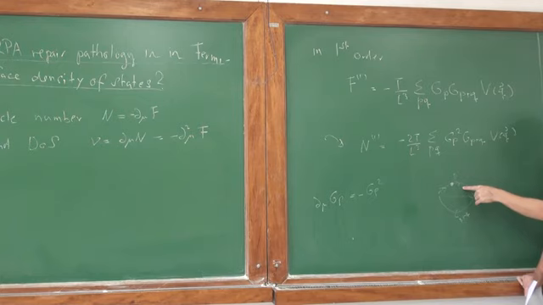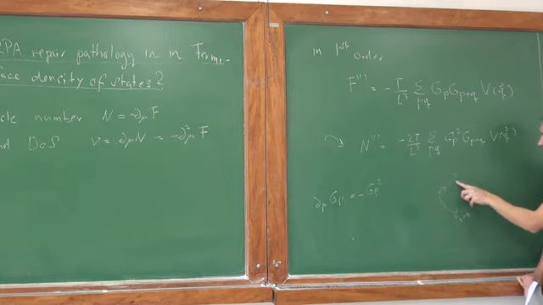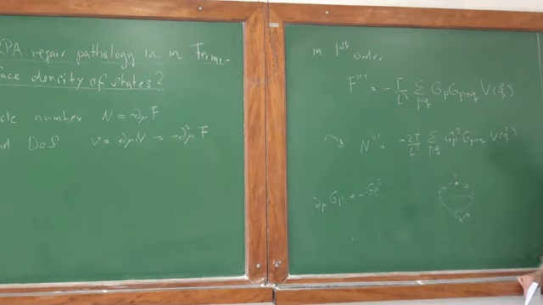Okay, so we can represent this here just by some dot, which tells you that instead of having one Green's function, we have here two Green's functions. Okay, so this would be a diagrammatic representation of the particle number.